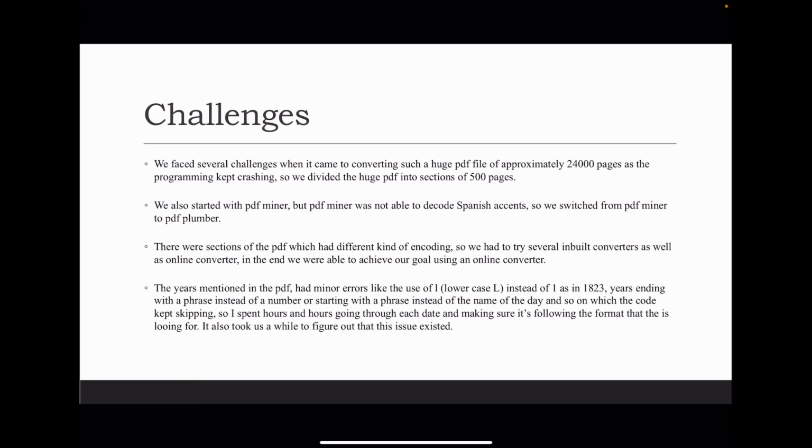So we had to extract that portion of the PDF separately and make it go through different converters, both in Python and online. We were lucky enough to find one PDF converter online that was able to decode and convert that portion of the PDF into text. After that, we took that text and added it to our original text file, which gave us the data for those sections.